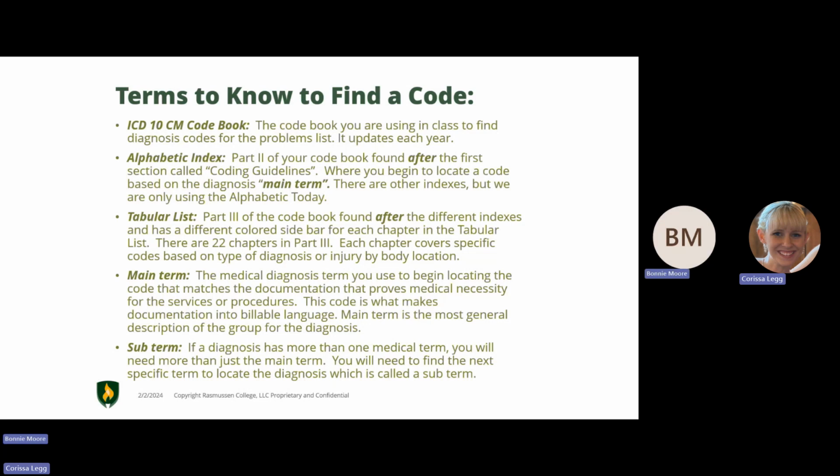So acute appendicitis is our diagnosis, but now we're looking for acute, or it could be gangrene, or perforated. But the core general term is the main term, appendicitis. A subterm is any other details added to make it more specific.